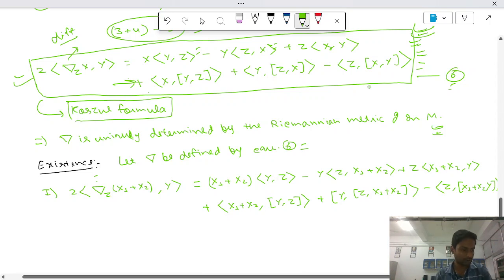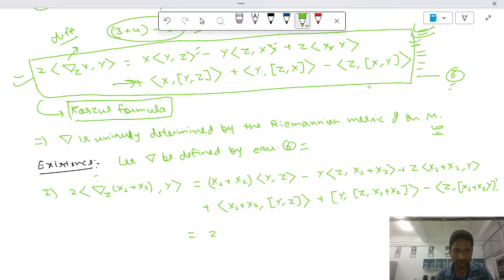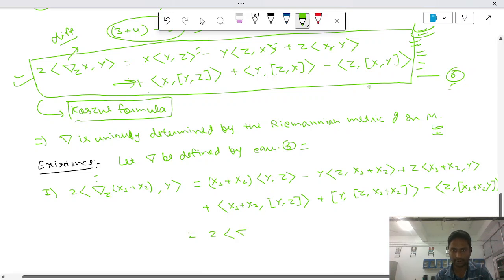Now you just need to open it up, and when you do, you should be able to get the following: nabla_z x1 comma y plus nabla_z x2 comma y. Please verify it.